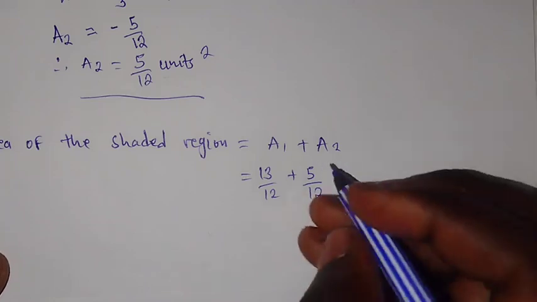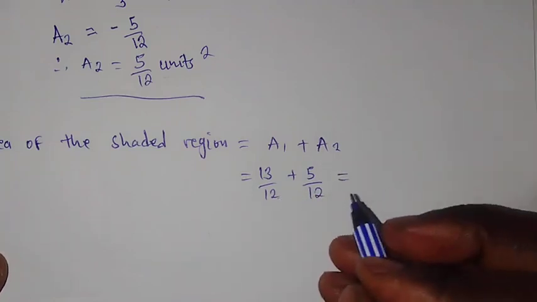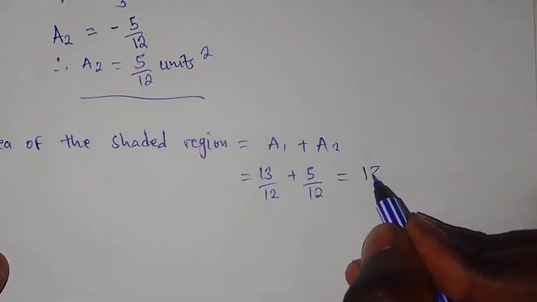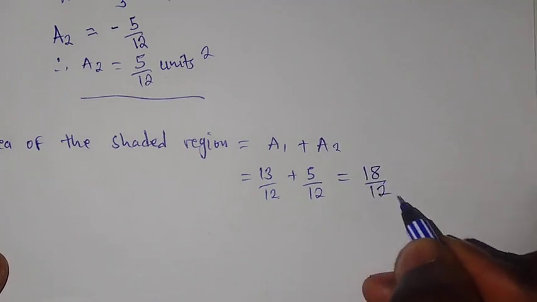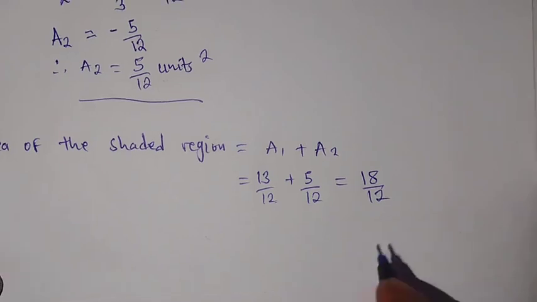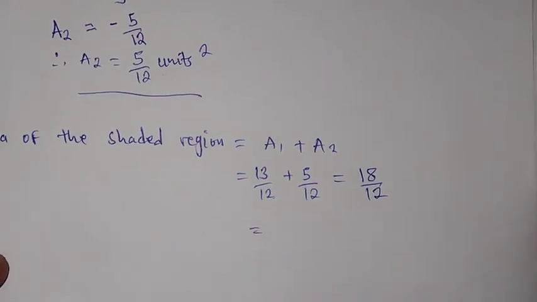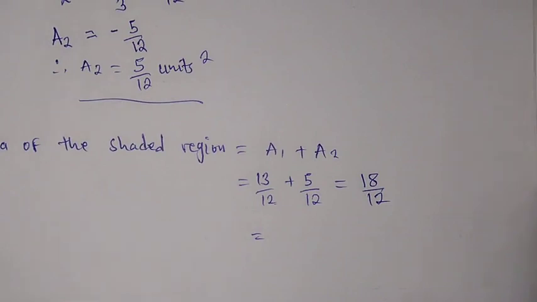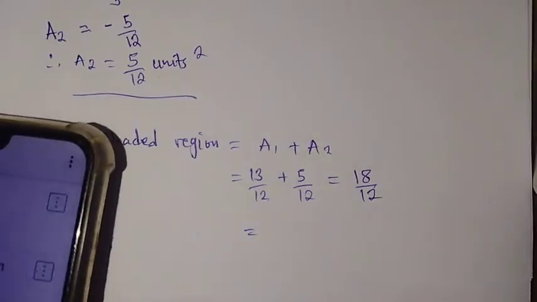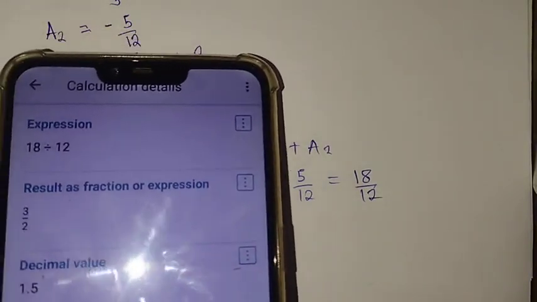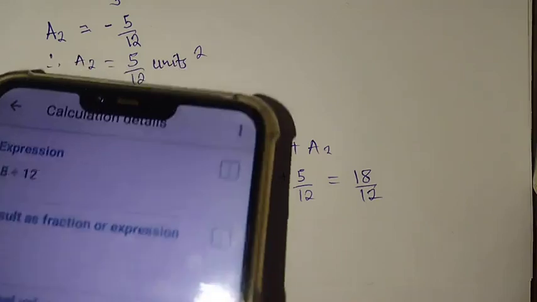So we can add these because the denominators are the same. This gives us 18 divided by 12, of which we can leave it as a decimal number, it's fine. 18 divided by 12, so this is the value, 1.5.